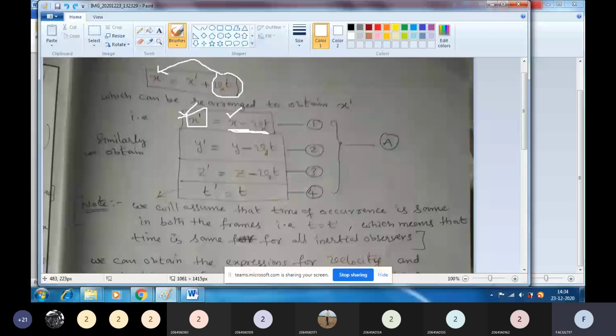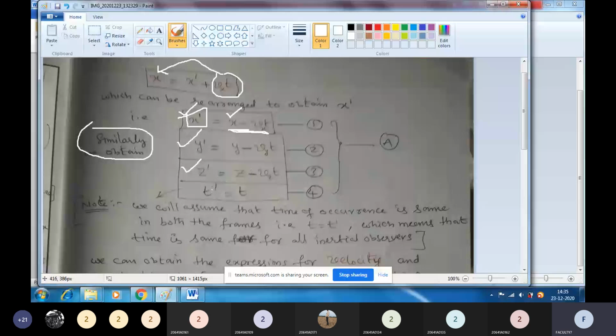Similarly, y prime equals y minus vyt, and z prime equals z minus vzt. Now what I mentioned is that both time periods are the same.